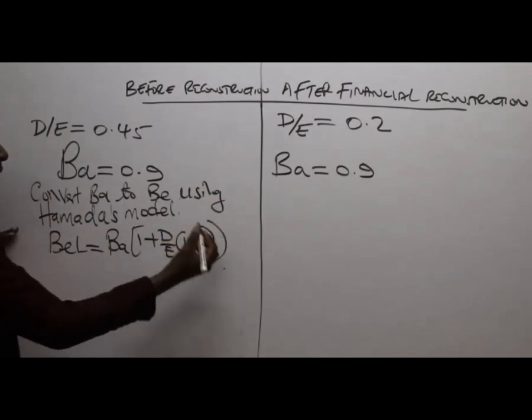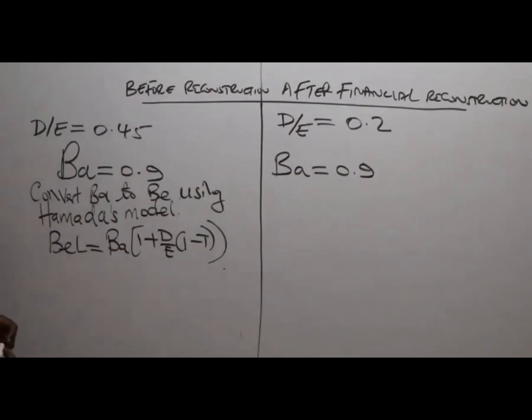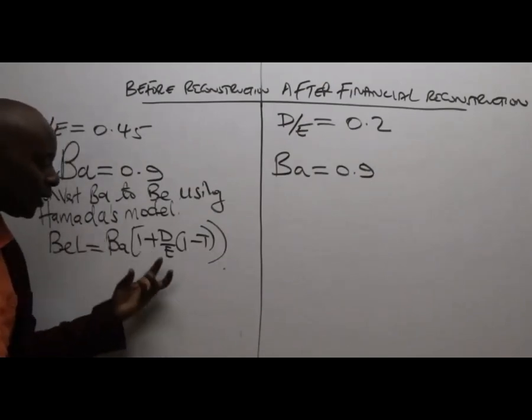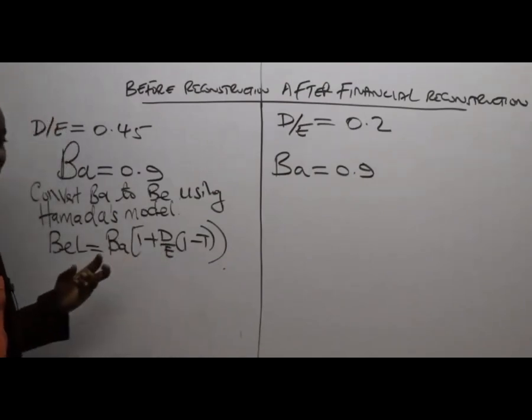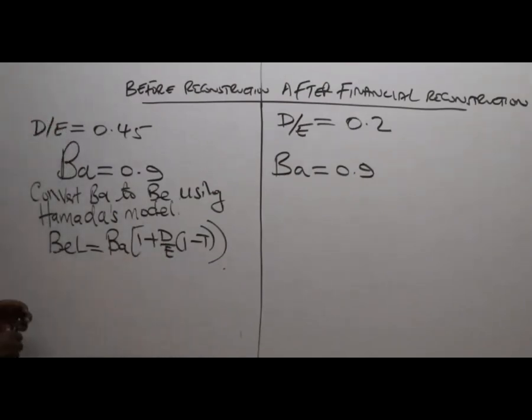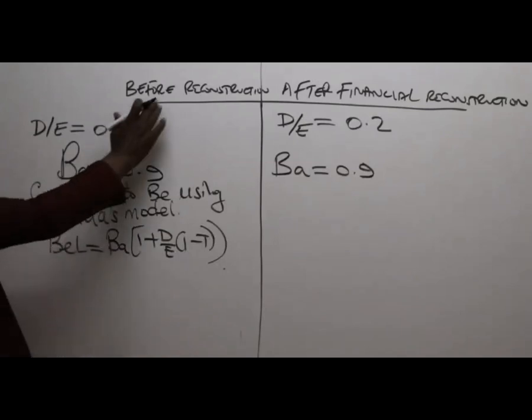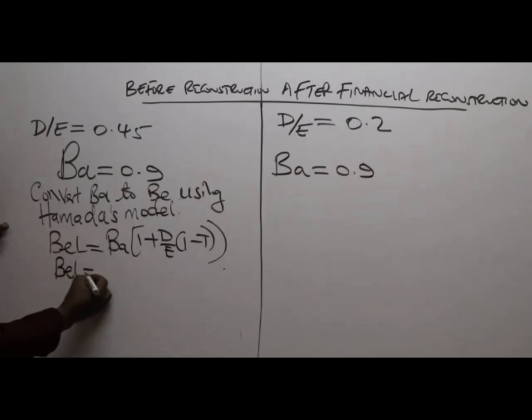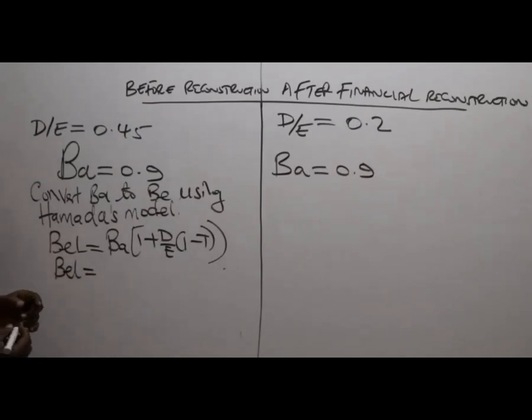This is the easiest formula for you to remember: BEL equals beta assets into 1 plus debt to equity adjusted for taxation. So, ladies and gentlemen, for this before reconstruction, could you kindly come and give me the BEL?